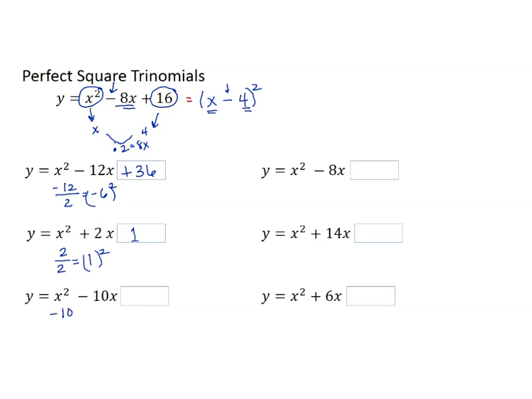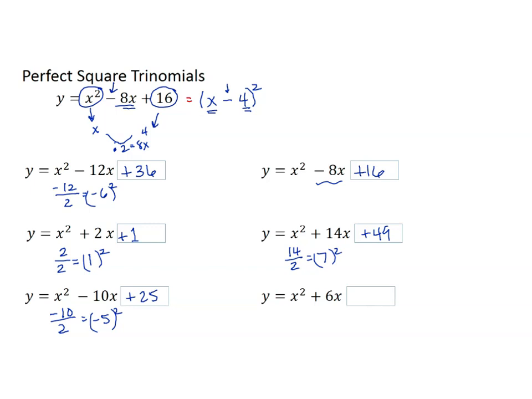Negative 10 divided by 2 is negative 5. Square that, and I get a positive 25. Should have written a plus there. Let's keep going. Oh, this one's already done for us. It's the same as the one we started with, so I know this one's plus 16. For this next one, 14 divided by 2 gives me 7.